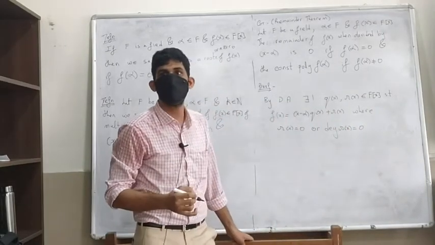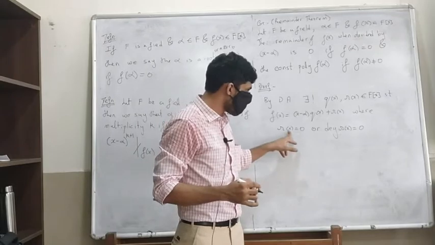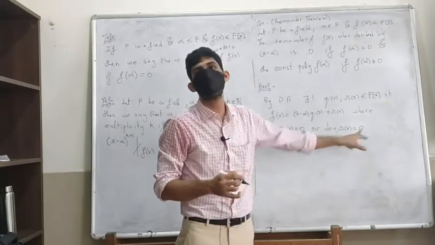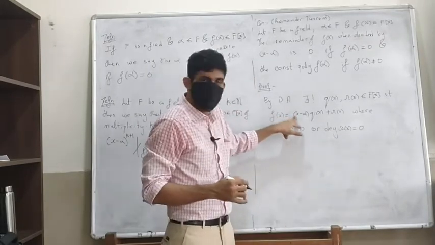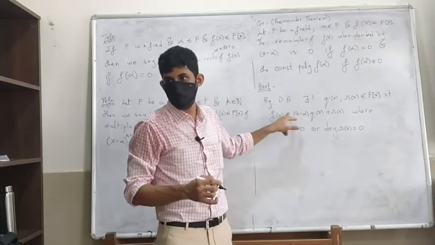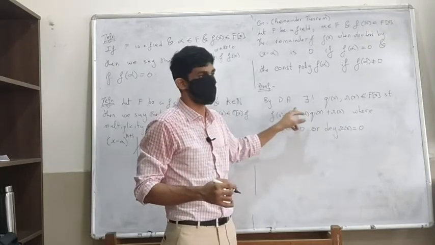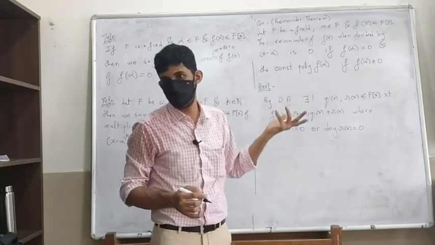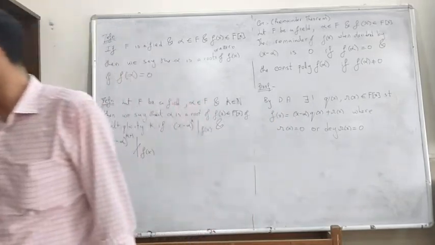So r of x can either be 0 or a constant polynomial. That's what the division algorithm tells us.